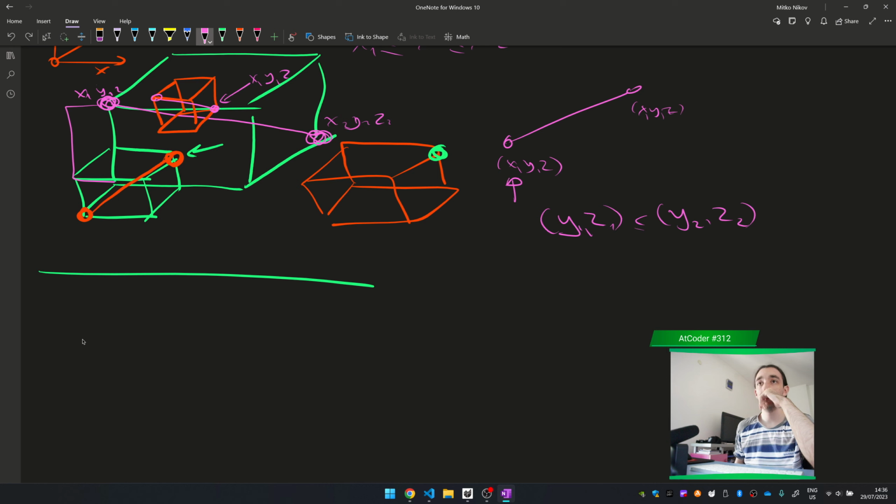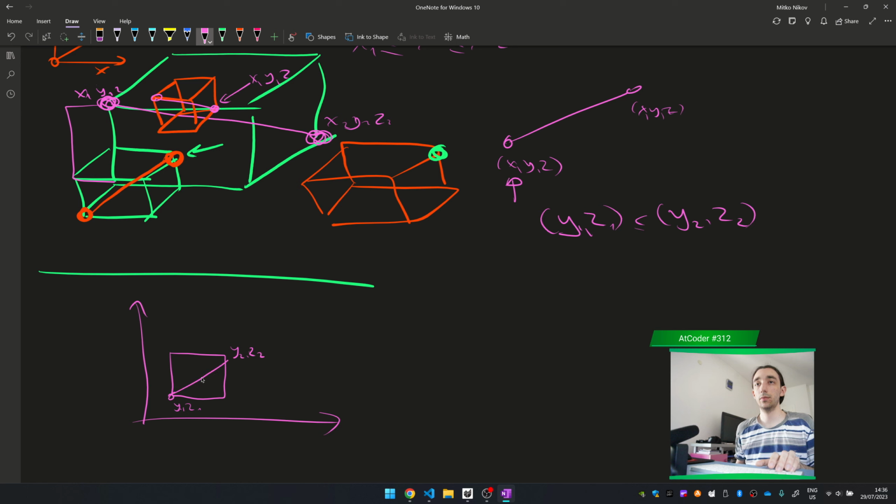So what does that mean? That means that, okay, so I have some graph and I have some rectangle, and this is y1 z1 and then this is y2 z2.